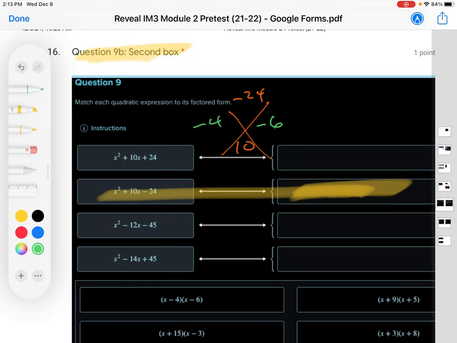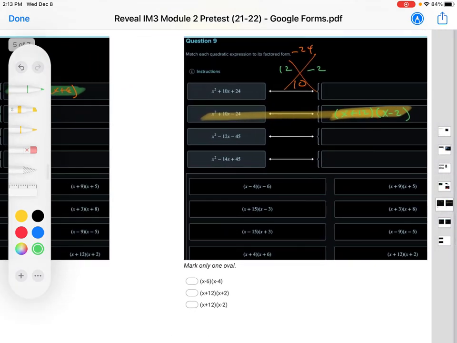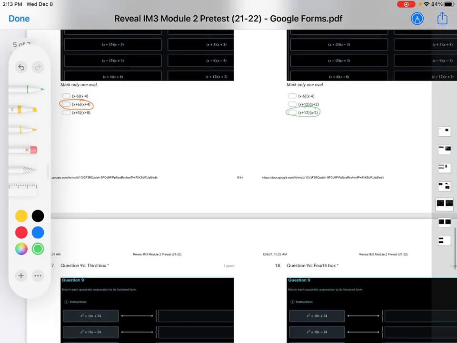Ooh, those two numbers don't work. How about 12 and 2? 12 times negative 2 equals negative 24, and they add to be 10. So I'm going to do x plus 12, x minus 2. And that would be the last one.